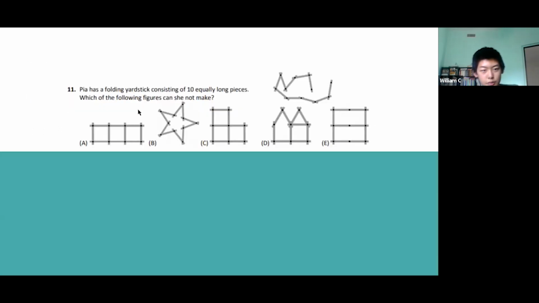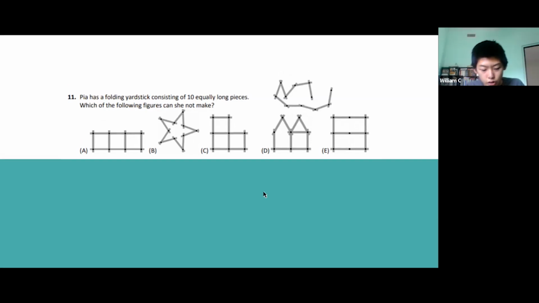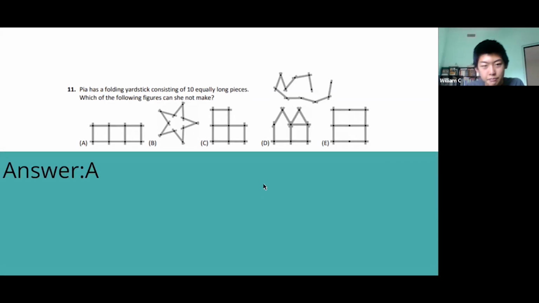Now let's try to solve some problems. Pia is folding a yardstick consisting of 10 equally long pieces. Which of the following figures can she not make? Correct answer is actually A. Let's try to solve this by eliminating choices. First, B is eliminated. Now let's eliminate C, so this might be a little bit tricky. But we can do it like that.